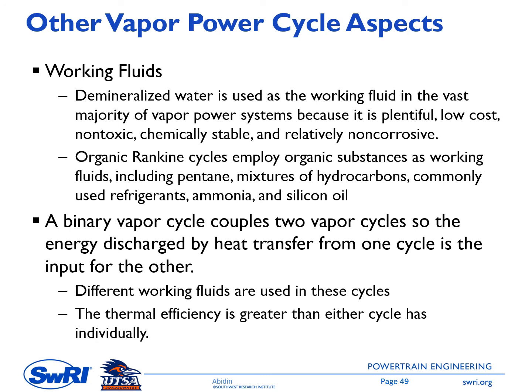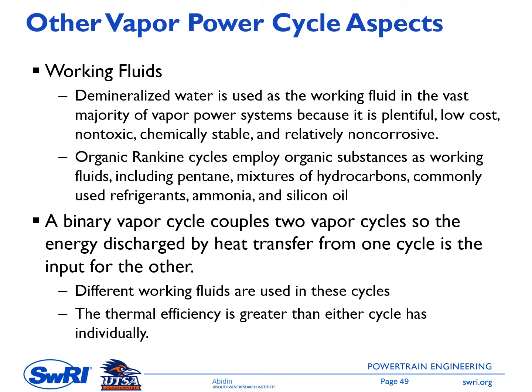Other working fluids are also available, including pentane, mixtures of hydrocarbons, ammonia, and silicon oil. Each of these working fluids has its own characteristics, and the main characteristic here is the low temperature operating condition, which will be helpful when we talk about a binary vapor cycle, or in case we have a different source of energy.